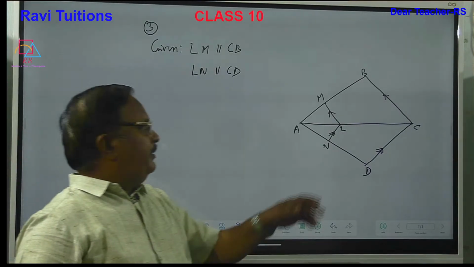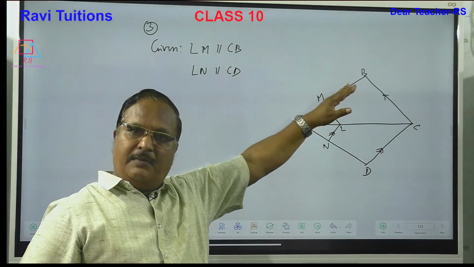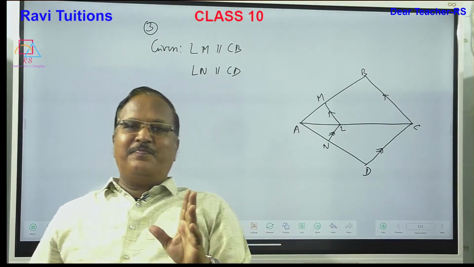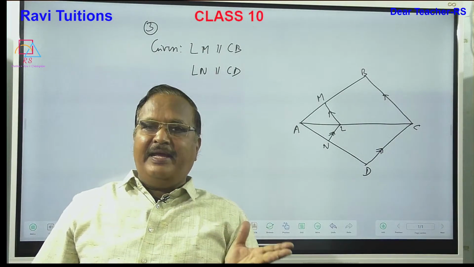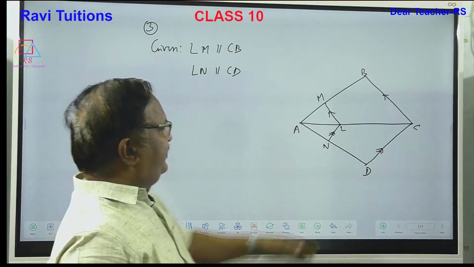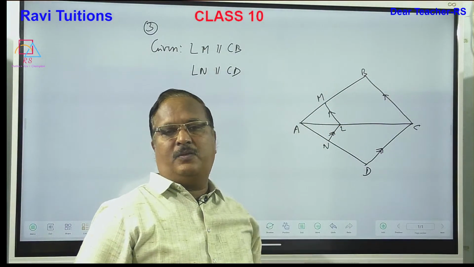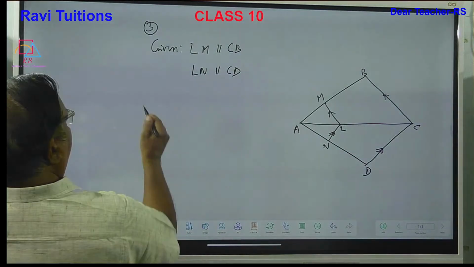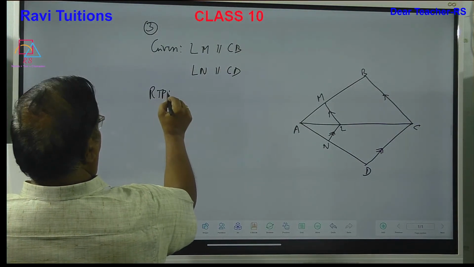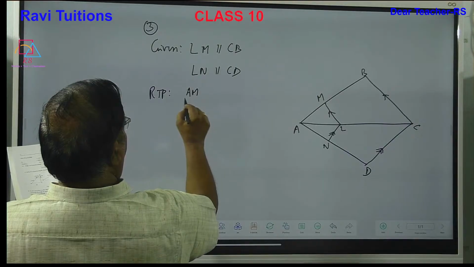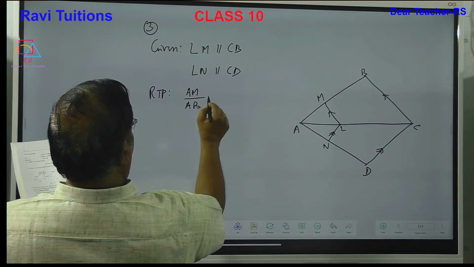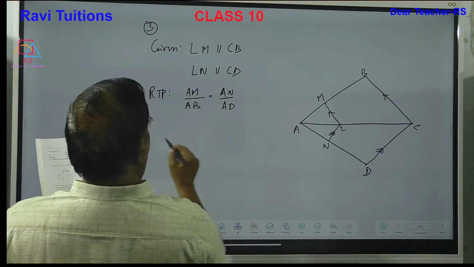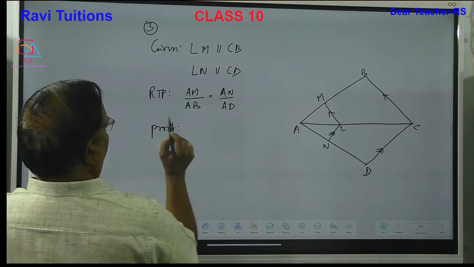So now you can apply the basic proportionality theorem on the above triangle and the below triangle also. Remember that you can apply the basic proportionality theorem in a triangle if a line is parallel to one side. So you can apply it. Now prove that, RTP: AM by AB is equal to AN by AD. This is what is to be proved.